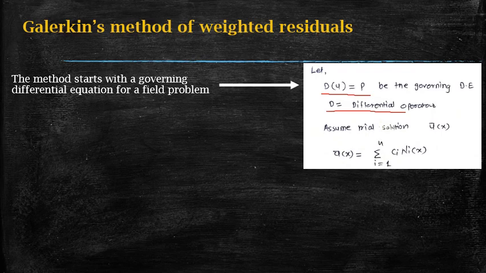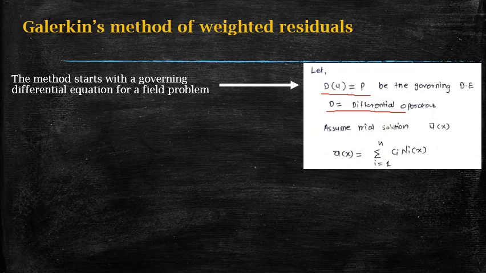Now our task is to find the solution for u. Often this u is a field variable. If it is a structural problem, then the field variable will be displacement. If it is a scalar field problem, for example, a thermal problem such as determining the heat transfer rate, then this u will be temperature.